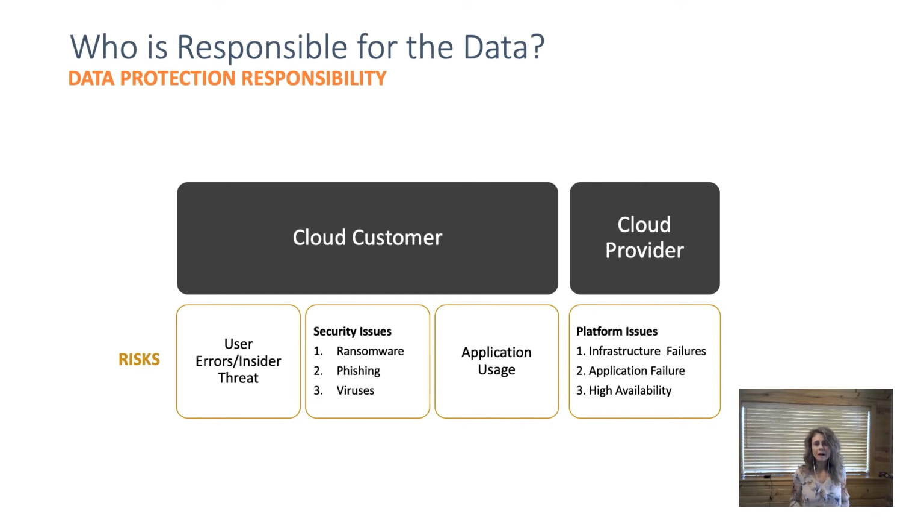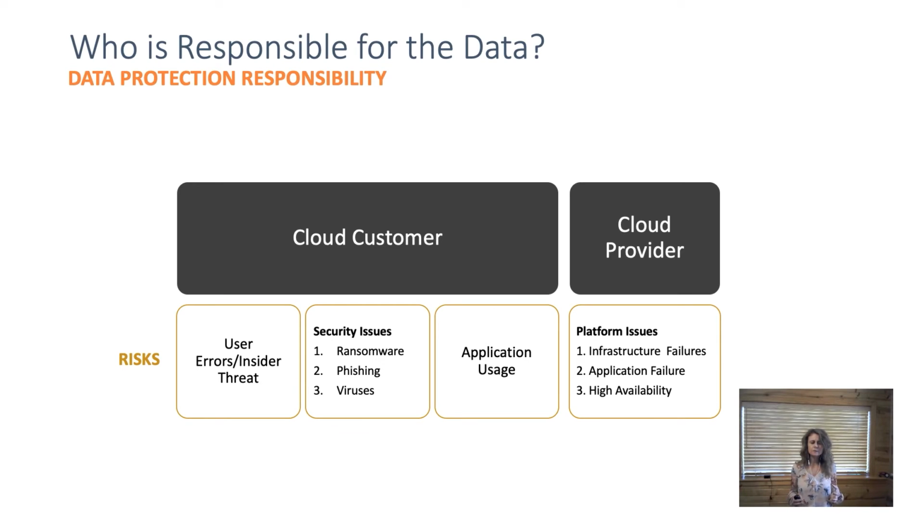They're responsible for platform issues. So back-end infrastructure failures. If we stick with Office 365, you are never managing a server. They are responsible for all the back-end server infrastructure. So if there's an application level failure on that back end, so for example, if you use Outlook Web App and Outlook Web App goes down, they're responsible for getting that back. And then they're also responsible for high availability, and that can vary.